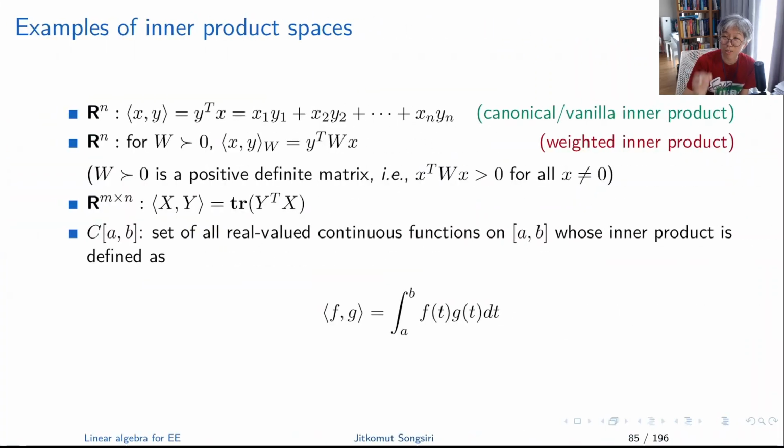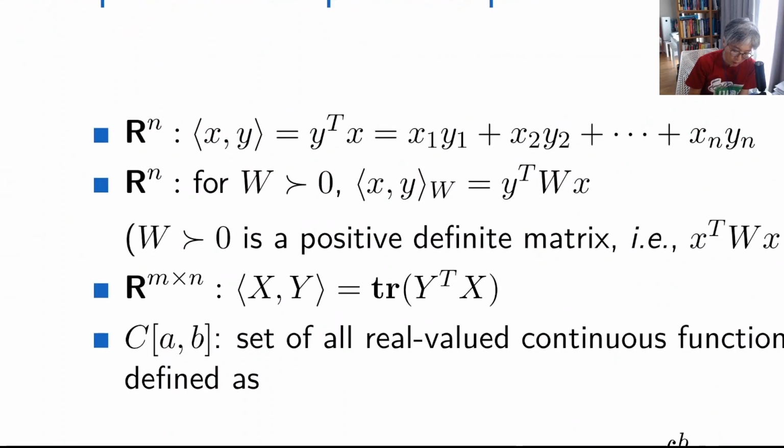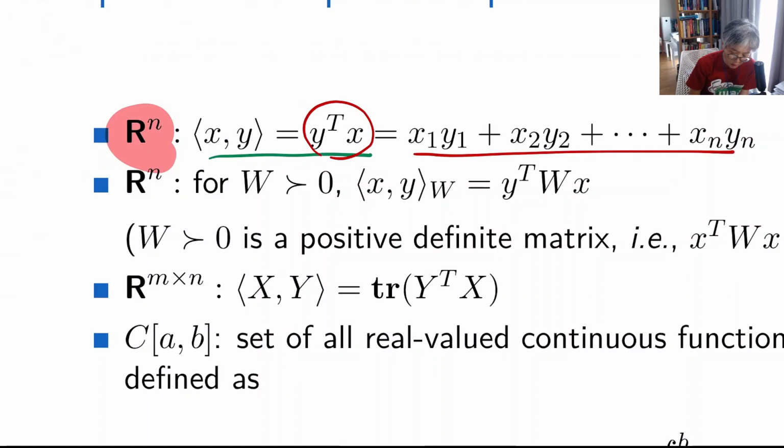The thing is, you have seen inner products in applications, like in everyday use. First of all, this is the inner product from undergrad level. In R^n, one inner product you can find is that you take a linear combination x1 y1 plus x2 y2 up to xn yn.